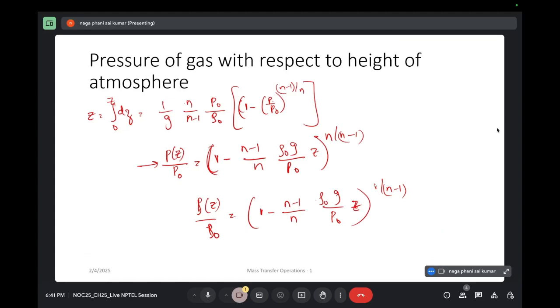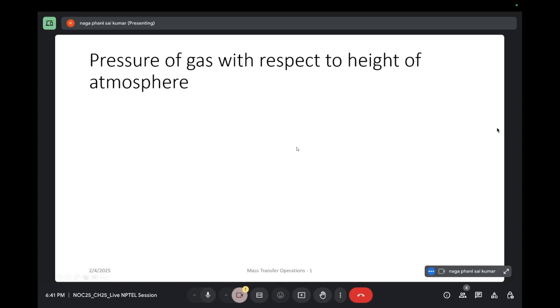Along with this, temperature will also be changing with altitude. So how do you account for that? We can use the ideal gas law, PV is equal to RT. That means P by rho T will be equal to R. This is in terms of volume and this is in terms of density.